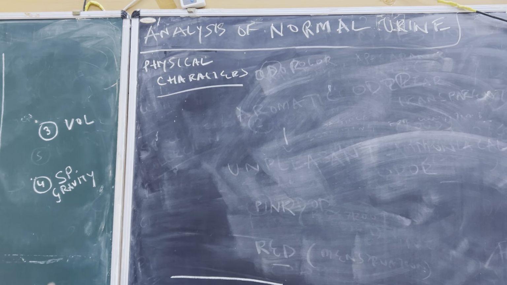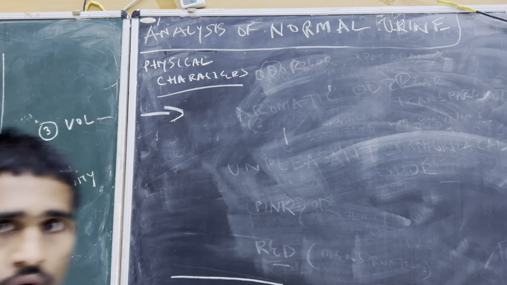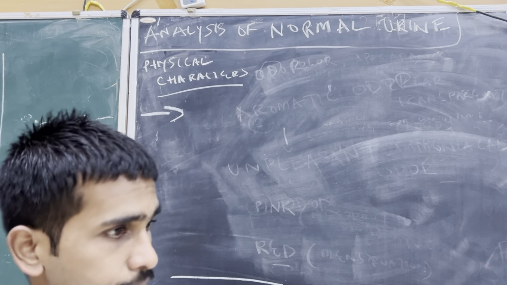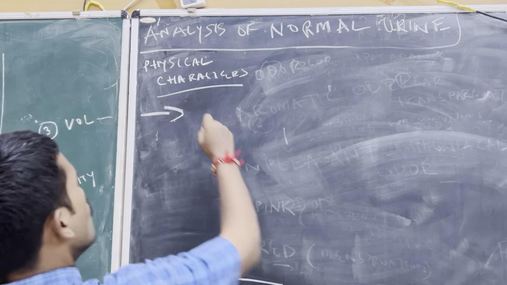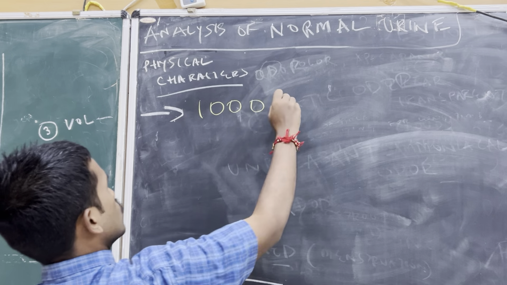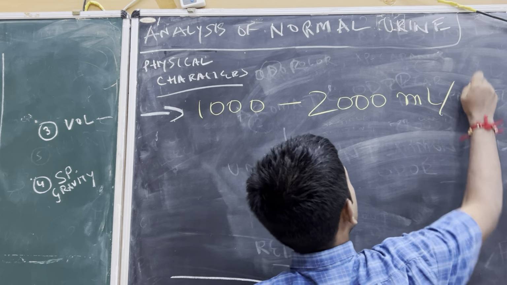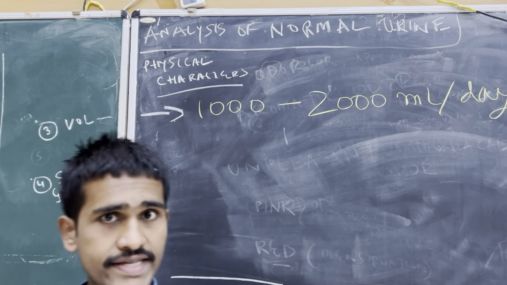Volume and specific gravity. So volume, what is the normal volume of urine which a normal person will void per day? It's approximately 1000 to 2000 ml per day, which means roughly 1 to 2 liters per day.